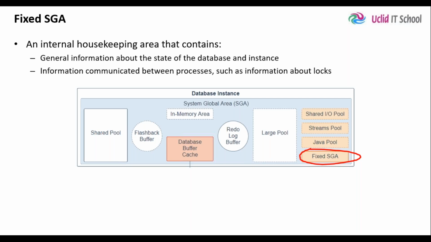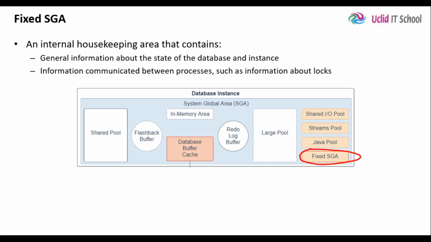Oracle database has parameters called initialization parameters. Using the initialization parameters, you can specify the size of all these individual caches or components. Or you can just specify the overall size of SGA and let Oracle decide the size of these small individual components.